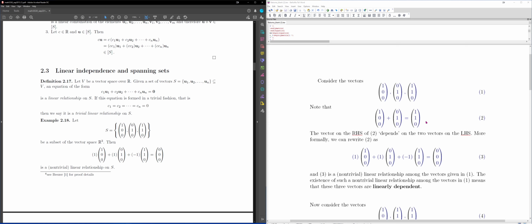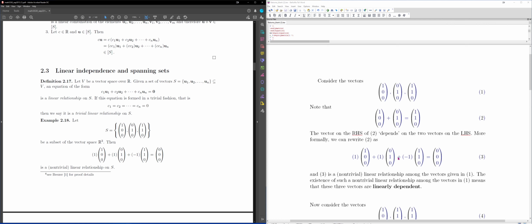Anyway, this vector equation I can rearrange in this form, and it's saying basically the same thing. If I take the first vector and multiply it by 1, I get 1, 0, 0. Take the second vector and multiply it by 1, I get 0, 1, 0.